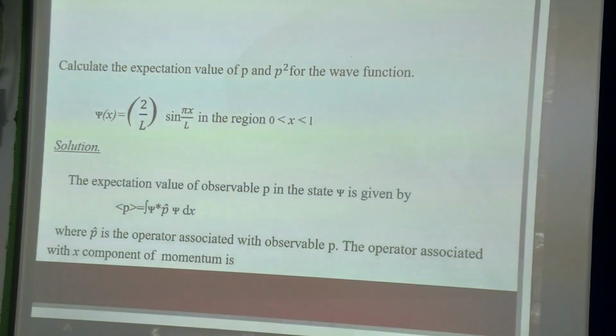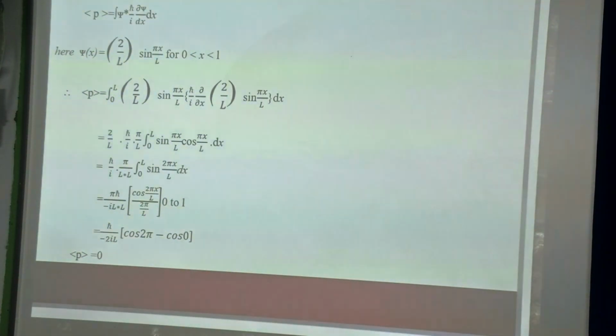The operator associated with the x component of momentum is P equal to h cross by i dou by dou x. So let us substitute this value in the above expression. Then we will get integral psi star h cross by i dou psi by dou x dx.